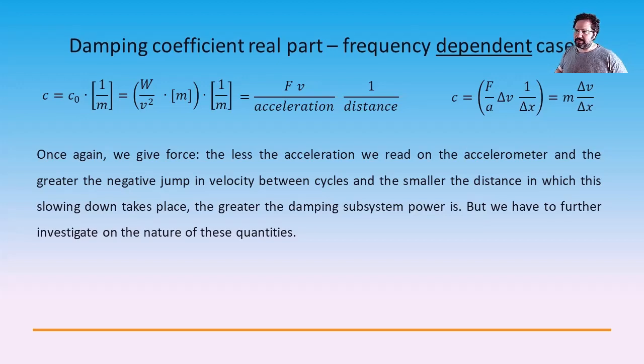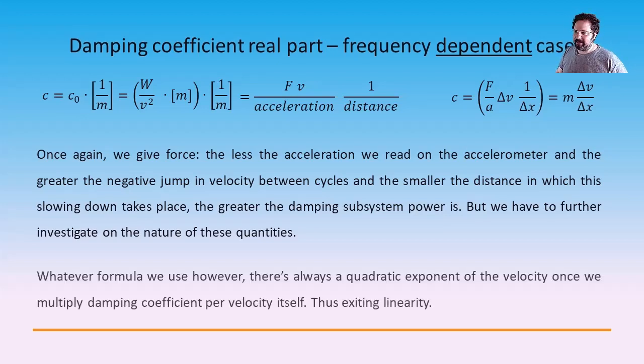But we have to further investigate the nature of these quantities, because all of this is purely abstraction, hypothesis, and ideas. Whatever formula we use, however, there's always a quadratic exponent of the velocity once we multiply damping coefficient by velocity itself, thus exiting linearity.